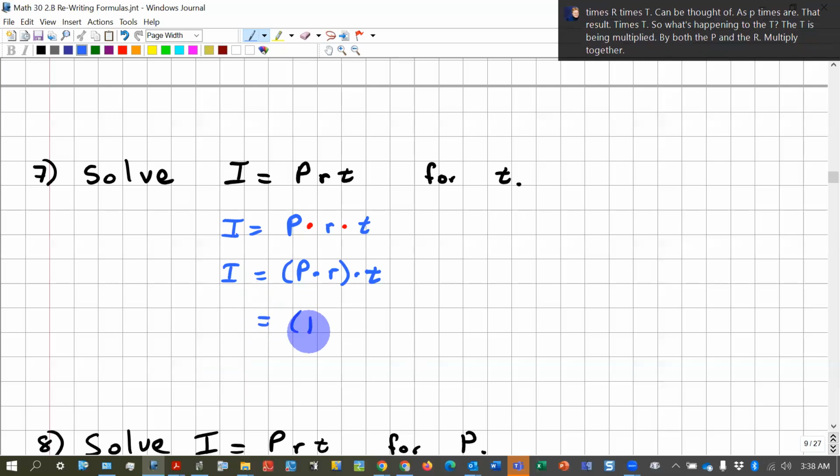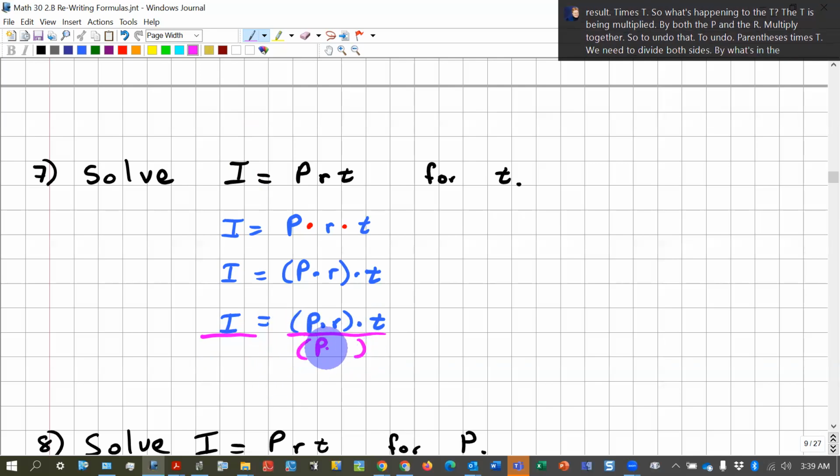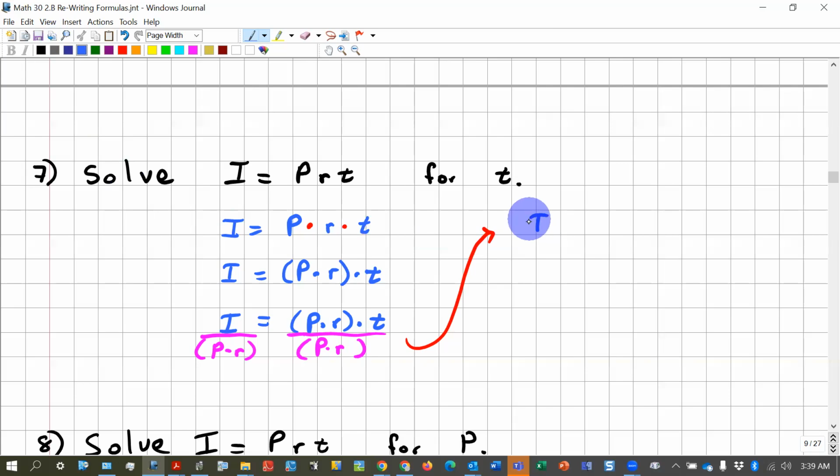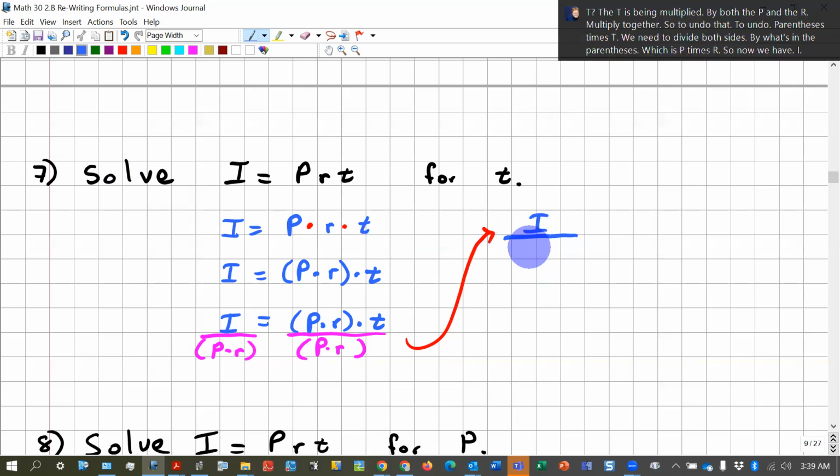So to undo that, to undo parentheses times T, we need to divide both sides by what's in the parentheses, which is P times R. So now we have I over P times R. We can still have those parentheses if we want.